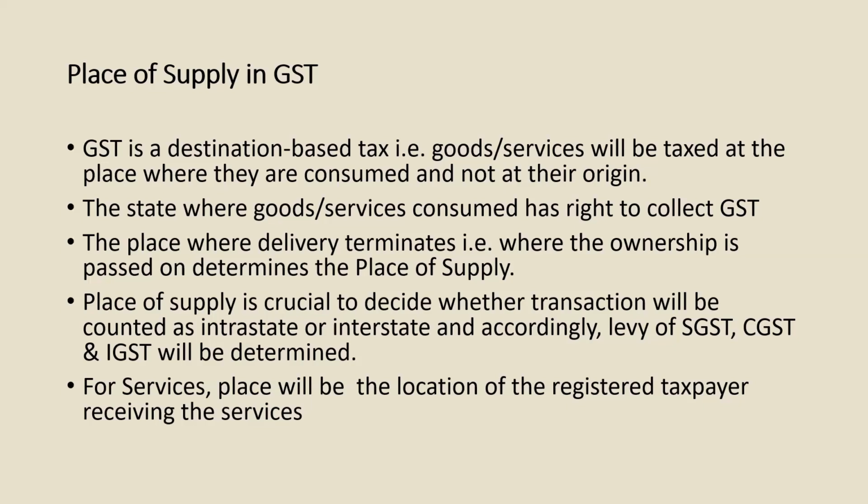The other thing is, for services, the place is the registered dealer who is receiving the services. So if I am sitting here in Rajasthan, in Jaipur for that matter, and I am making a supply to Delhi, the place of supply for my services is Delhi, because the person who is receiving it is where the ownership of this service is getting transferred.